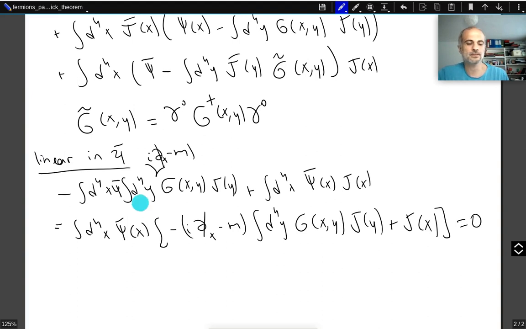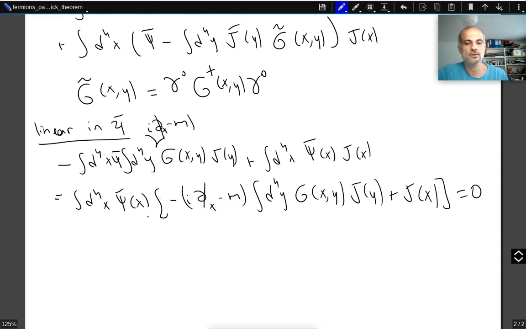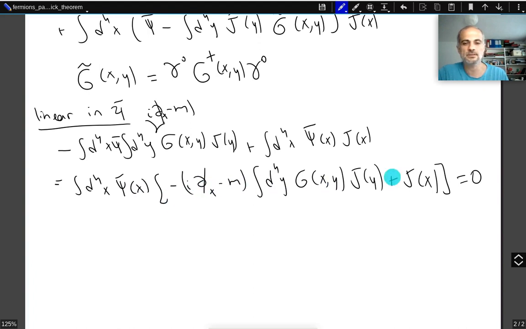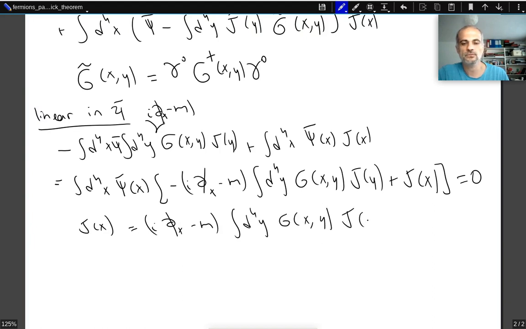Well, in the path integral we are summing over all possible psi bar fields. So for all possible psi bar fields this expression should be 0, but that tells me that this parenthesis has to be 0. J of x should be equal to i del x slash minus m d^4y, g of x, y, j of y.